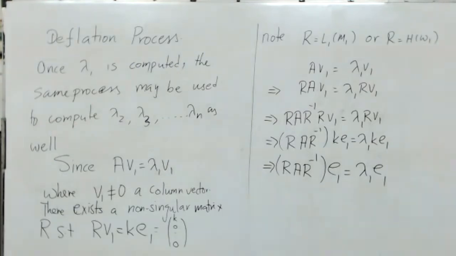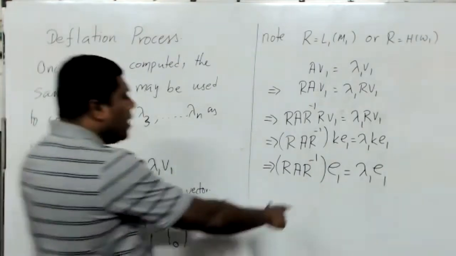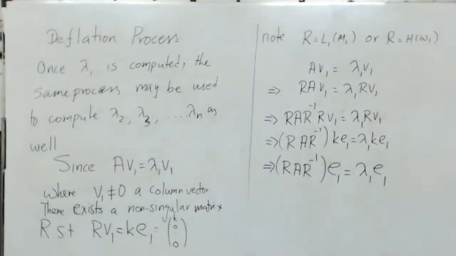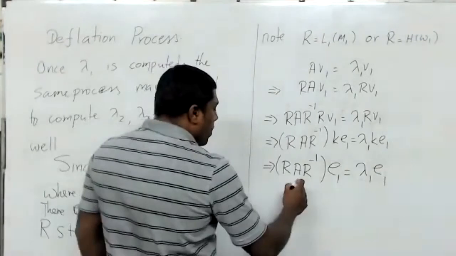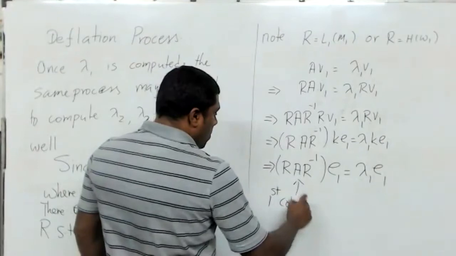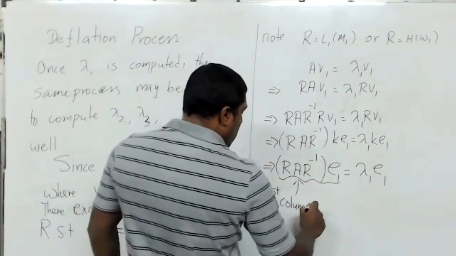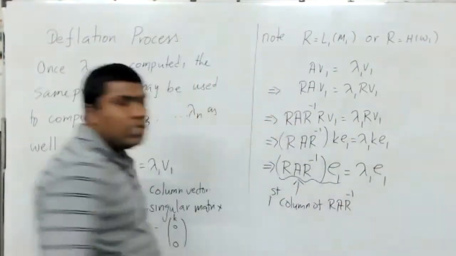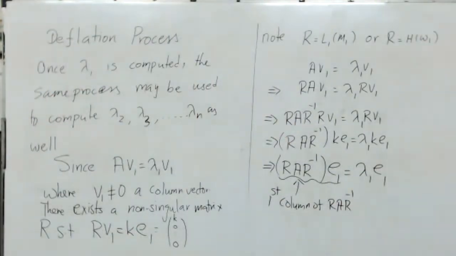So the meaning of this, we talked about at the beginning of this course in the first chapter: a matrix multiplied by e1 is the first column of the matrix, right? So this is the first column of the matrix r A r inverse, and that is equal to lambda 1 e1.